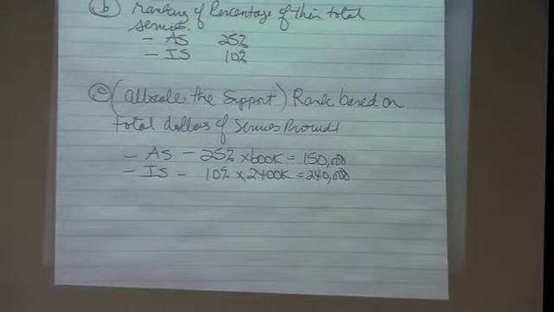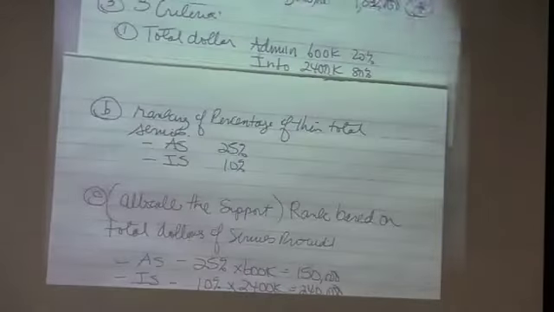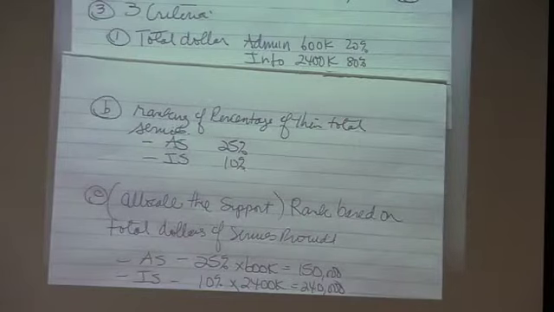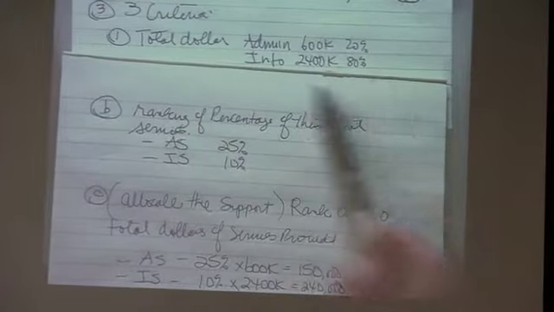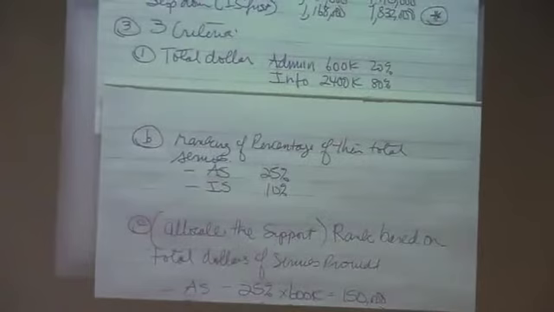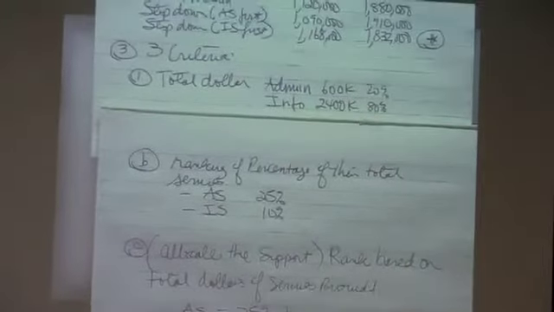So you've got basically 3 criteria. The first one is total dollars. Okay, which one makes sense? This one is total dollars, based on the magnitude size of that particular support department. That's the first one. So this is the size of the support department. So let me write that down.